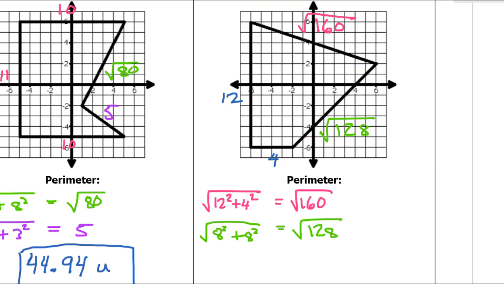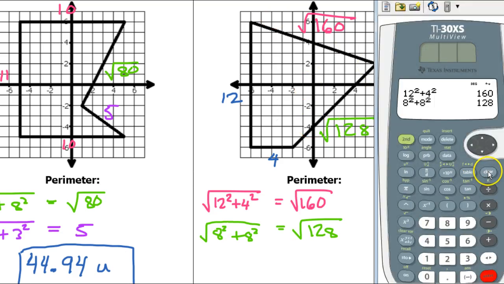Now I just need to add these all up for the perimeter. 12 plus 4 is 16, so I'm going to have 16 plus the square root of 128 plus the square root of 160.